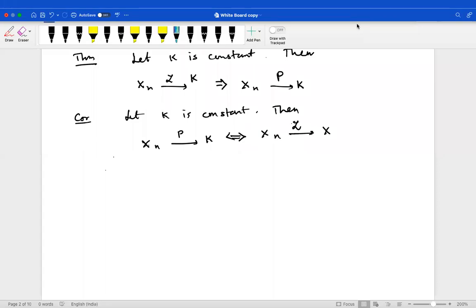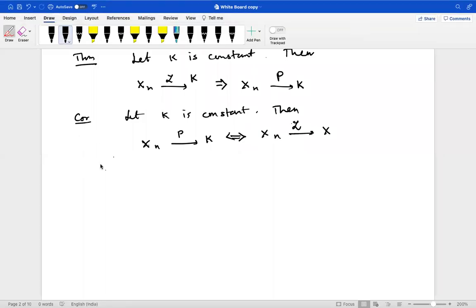Now there is an example where we will show that if some sequence converges to some random variable X in distribution, it may not converge in probability.